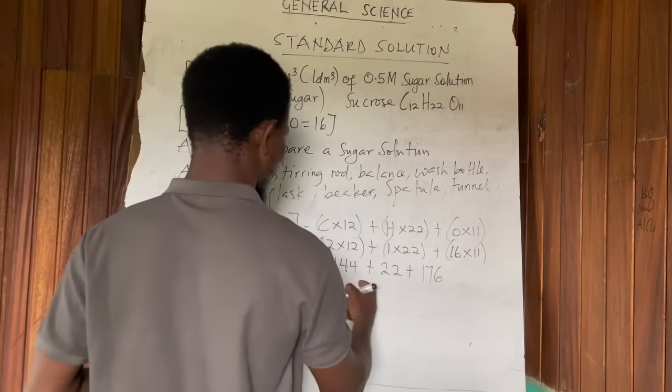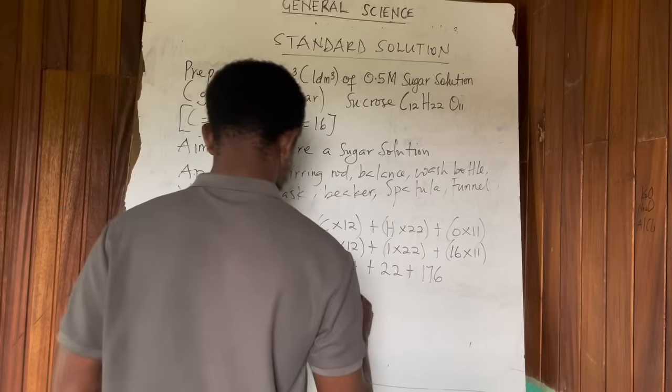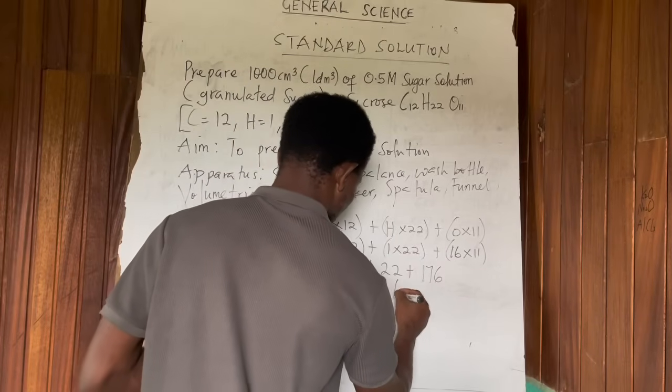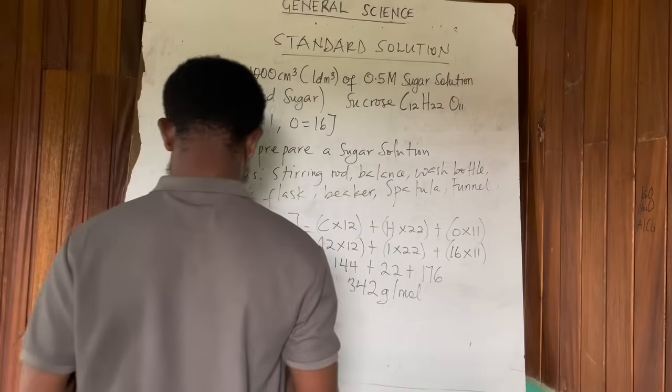So I add all this, I'm going to get 342 grams per mole.